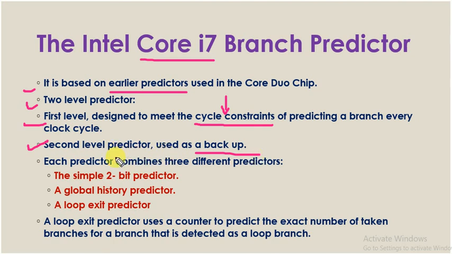Now each predictor combines 3 different predictors. In the case of Core i7, it uses a 2-bit predictor, a global history predictor, and a loop exit predictor.